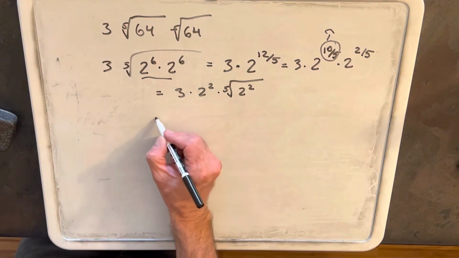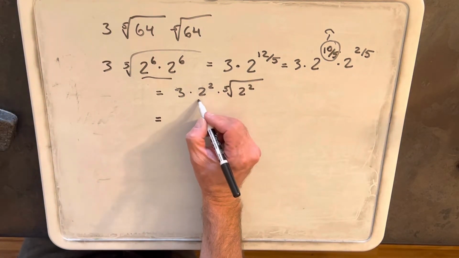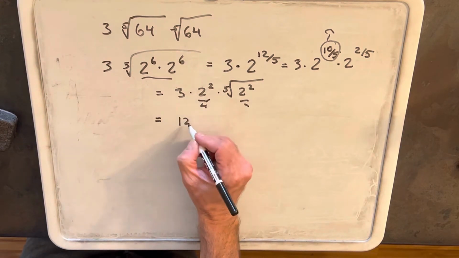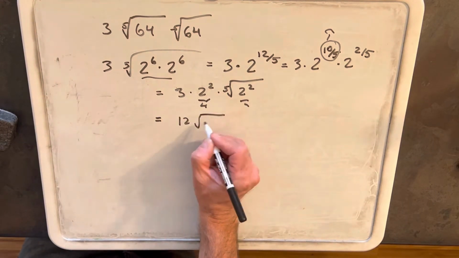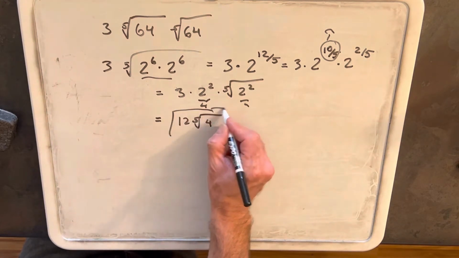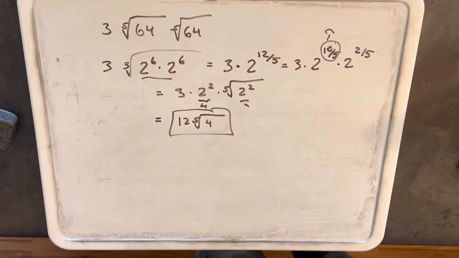And then just to make it a little nicer, this is a 4, this is a 4, so we're gonna have 3 times 4 is 12 times the 5th root of 4. See if I got that right. Yep, got the first one.